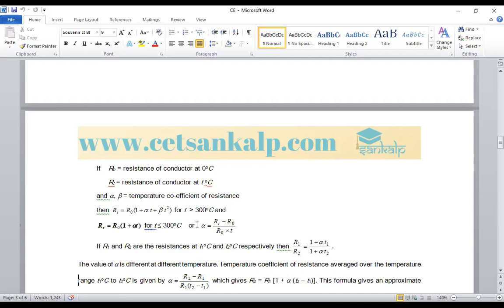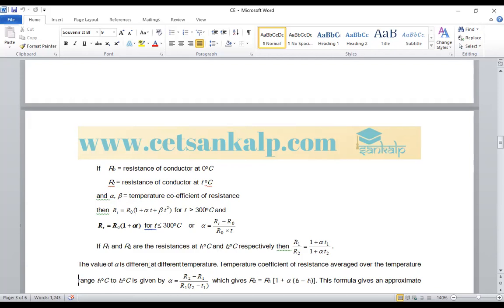If the temperature is greater than 300 degrees Celsius, then you are going to use this formula. RT is equal to R naught into 1 plus alpha t plus beta t square if t is greater than 300.